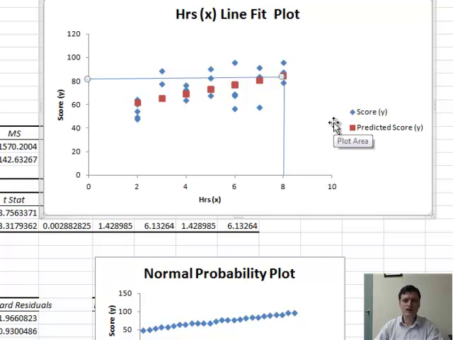According to this model, the student would have gotten at least 80 points.